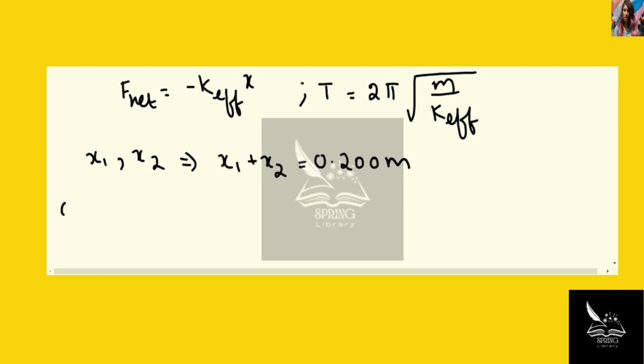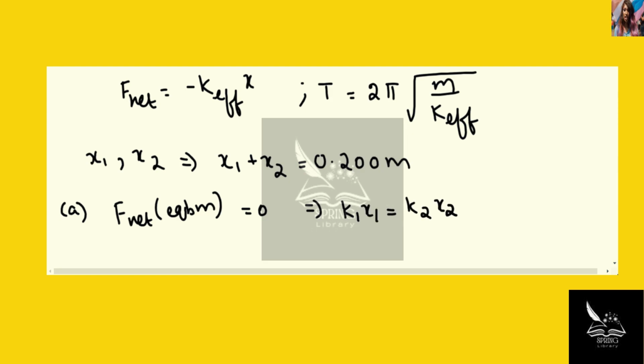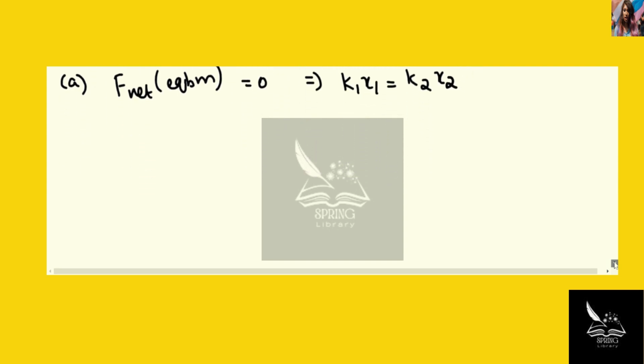Now when we consider the net force at equilibrium, that F net at equilibrium should be equal to 0. So we get K1x1 equal to K2x2 because the net force should be 0.